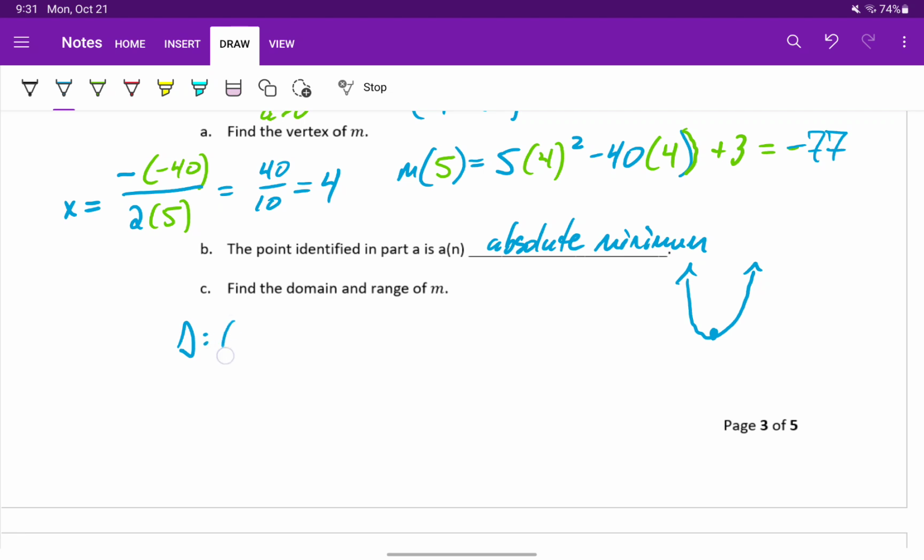Since we have a quadratic function, our domain will be unrestricted, negative infinity to infinity. And our range will start at that smallest function value that we can hit, which is negative 77. And our function will continue increasing in both directions, so headed off to positive infinity.